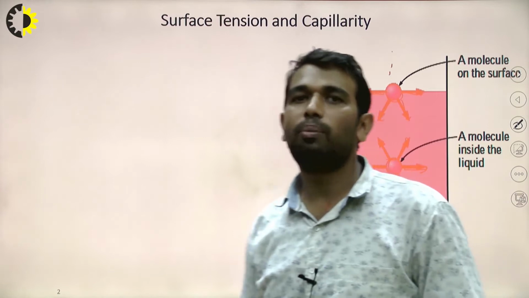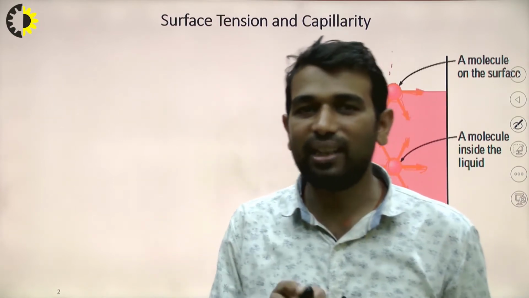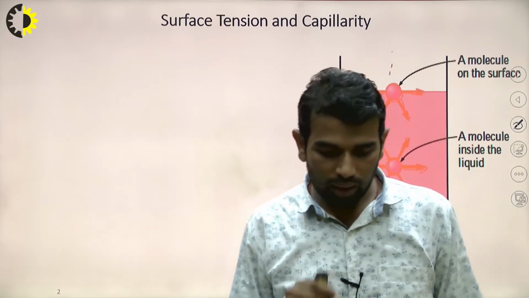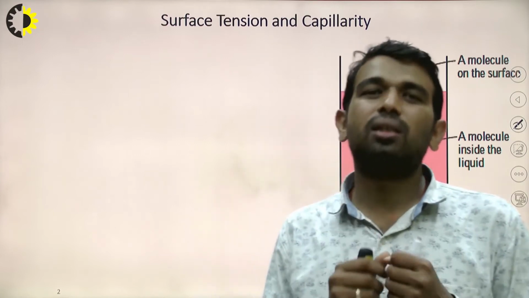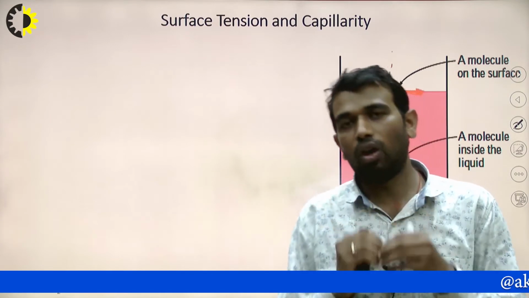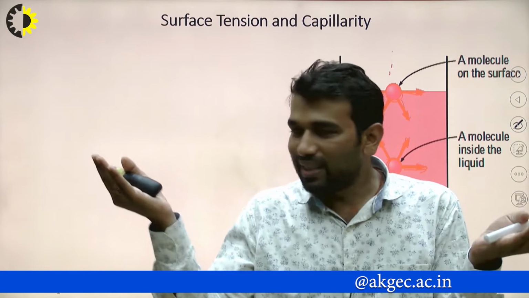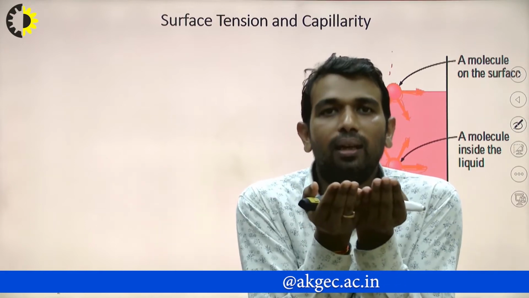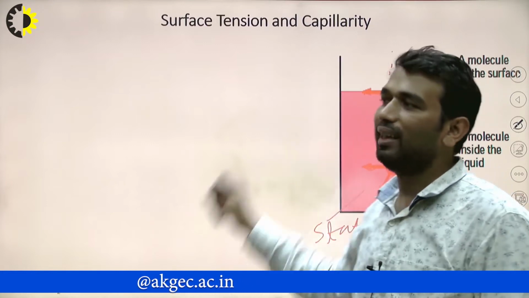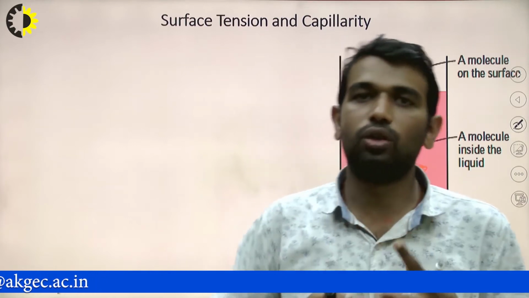What is going to happen? Definitely, if this fluid is static inside the container, the force must be balanced. Because of this, the molecule is stretched down, creating a tensile zone, and the surface feels like a tension in nature, and because of that the force is balanced.